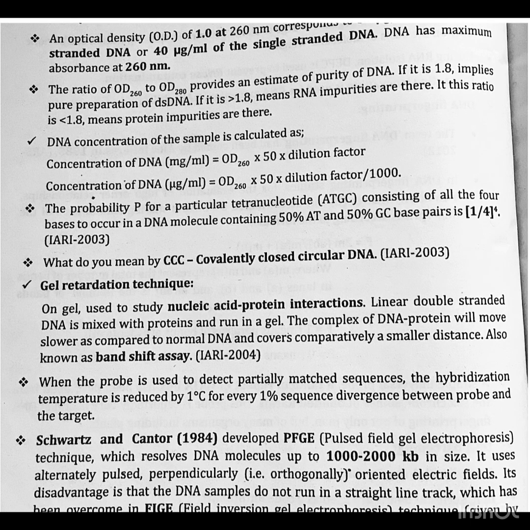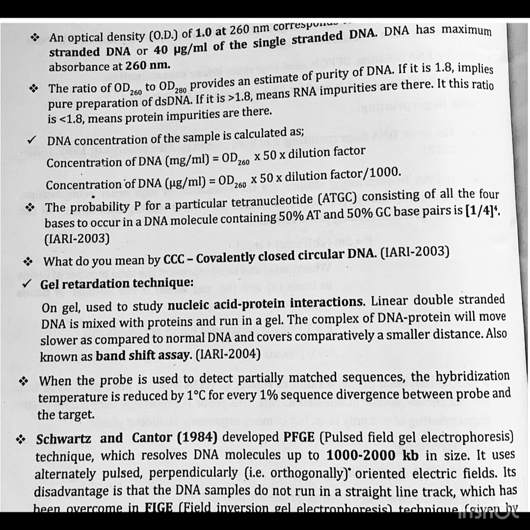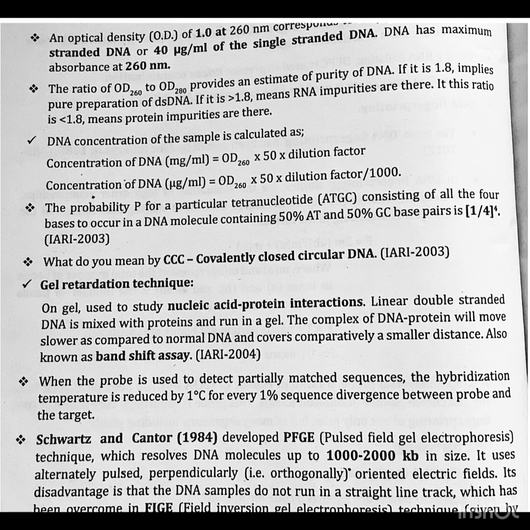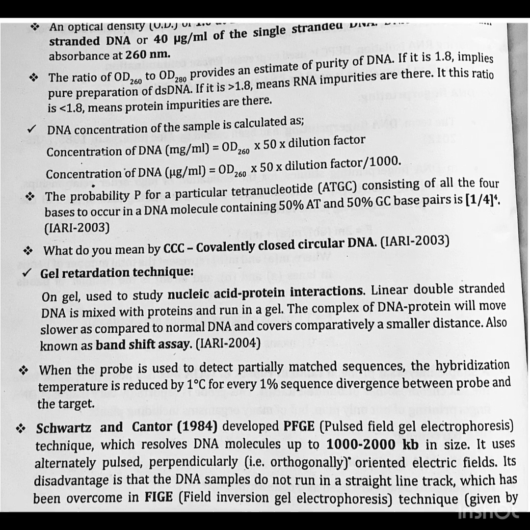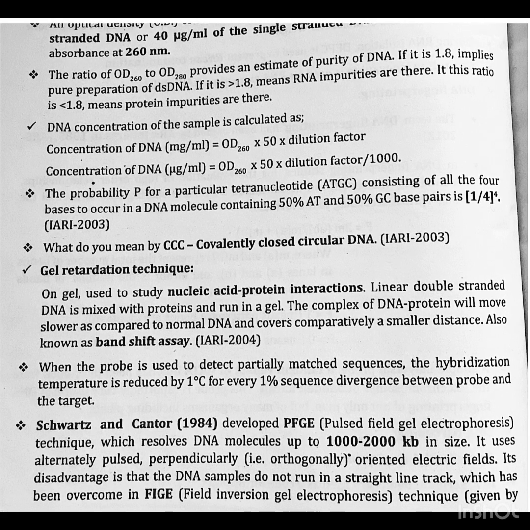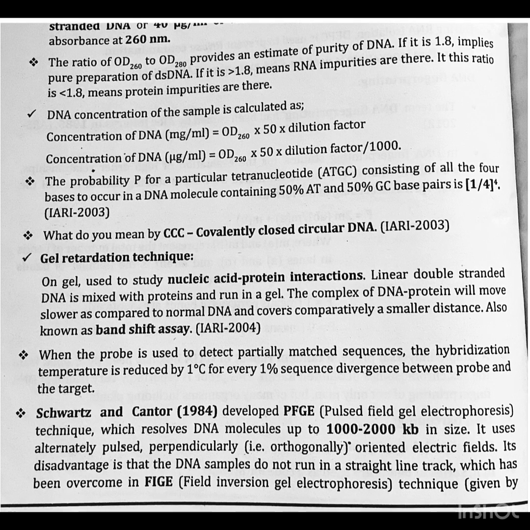The probability for a particular tetranucleotide consisting of all the 4 bases to occur in a DNA molecule containing 50% AT and 50% GC base pairs is (1/4)^4. IARI 2003 question. What do you mean by CCC? It is a covalently closed circular DNA. Question asked in IARI 2003.